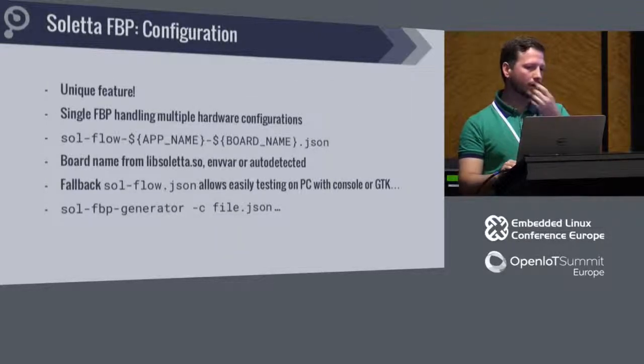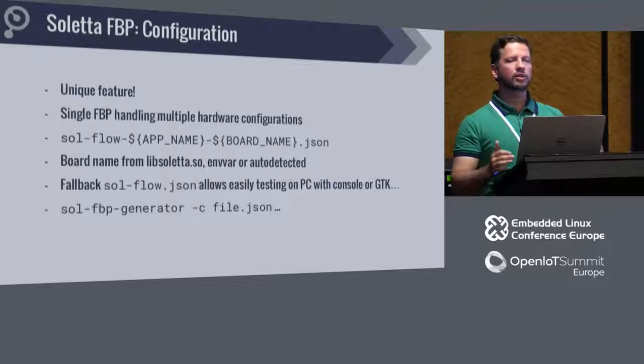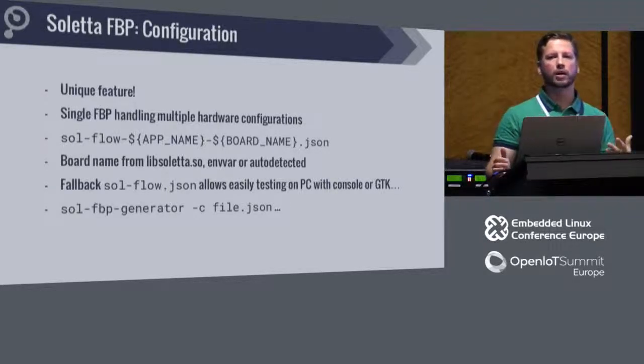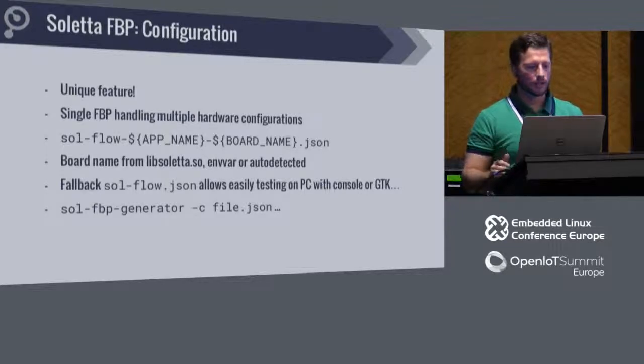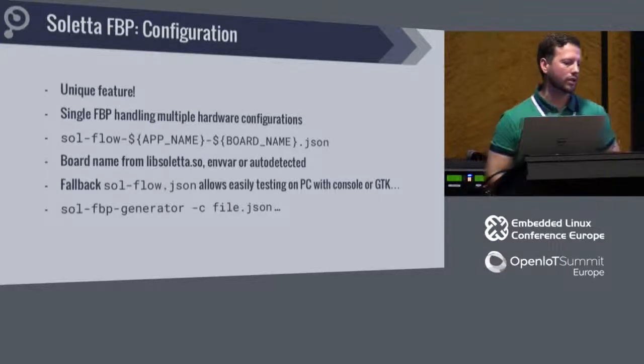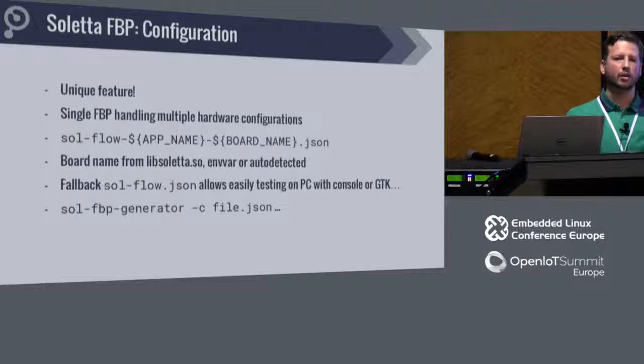Okay, and the configuration. It's a unique feature of ours. The idea is that you can generate configuration files per application, per board, and per application and board. You also have a fallback here, so you can provide things to test on desktop, for example. This is the case when you have a board with a GPIO that is a given number.